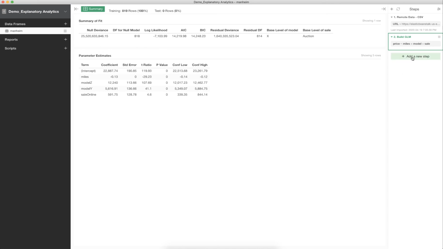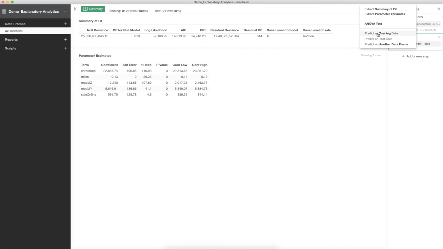One can add a new step, and in this step, one can take the model and predict it. One can see the effect of this model on explaining the data once again. We built this model from our training data, and we can take this model and apply it on the training data and see how well this model does in explaining the variation in price.